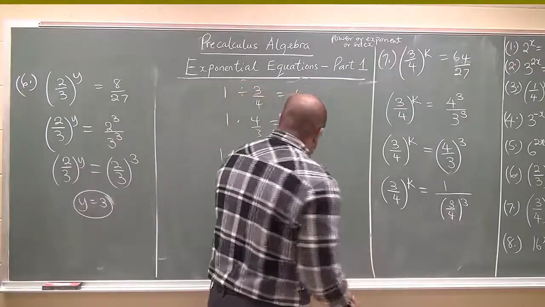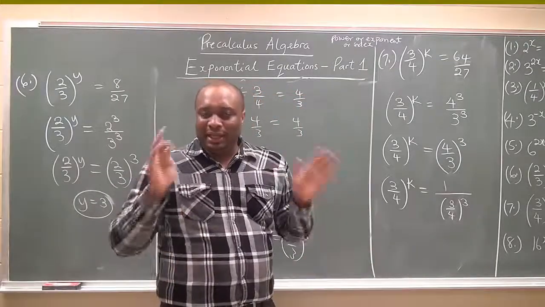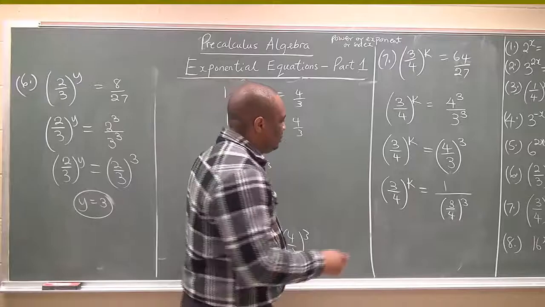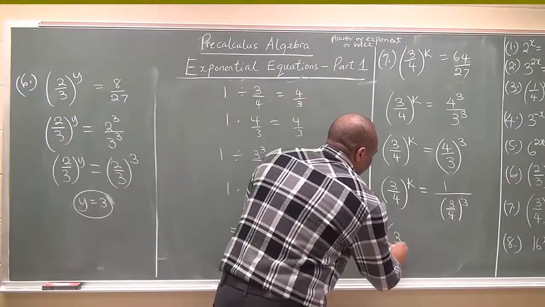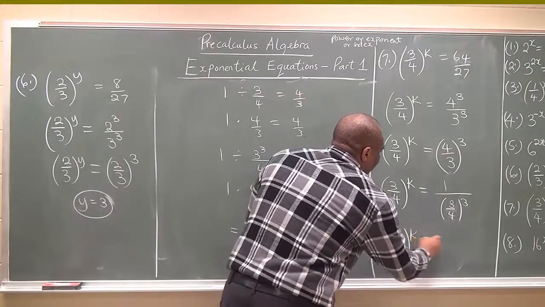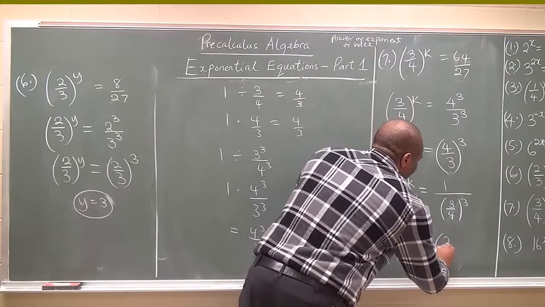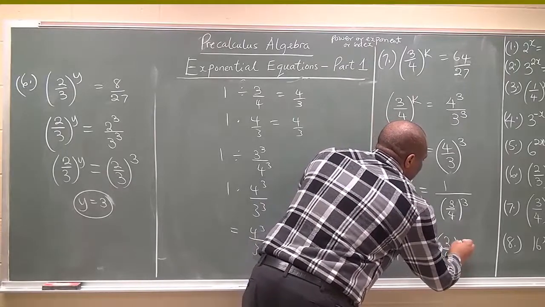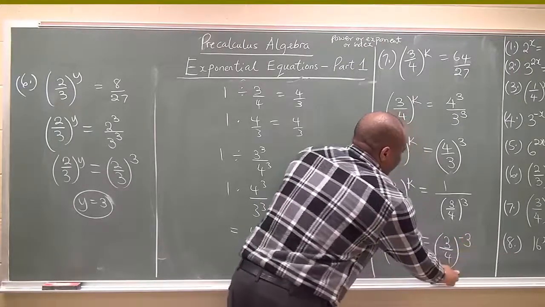So this will now, so they have to be the same thing. So this will now be 3 over 4 exponent k equal to 3 over 4 exponent -3.